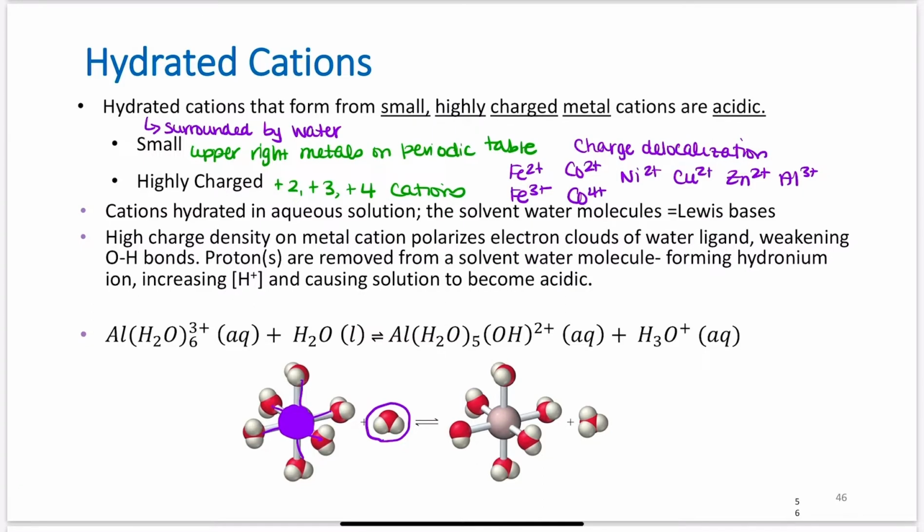It's so strong, in fact, that the aluminum doesn't always notice when one of these water molecules will come along and pluck away one of its hydrogens. And it will leave as H3O+, leaving behind aluminum with 5 complete waters and 1 hydroxide.